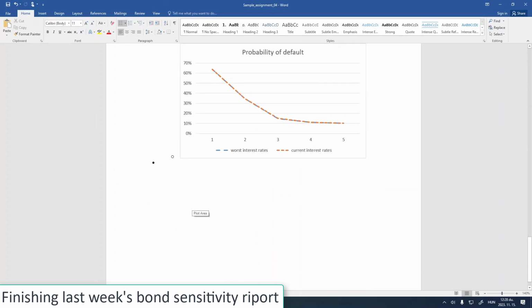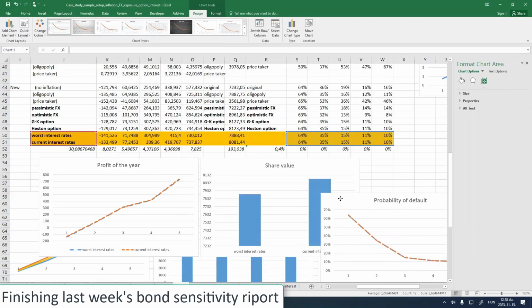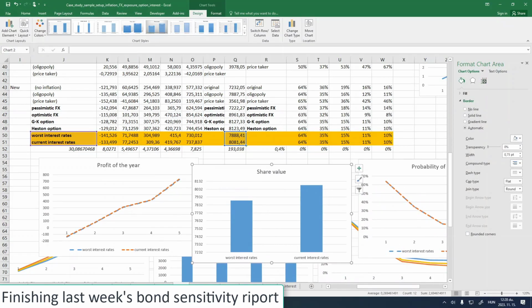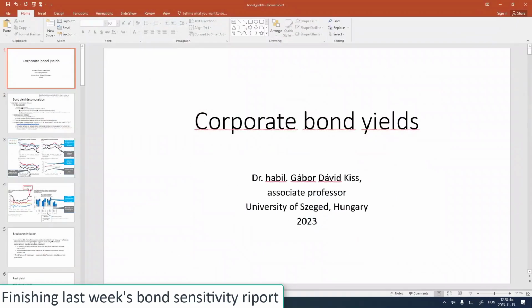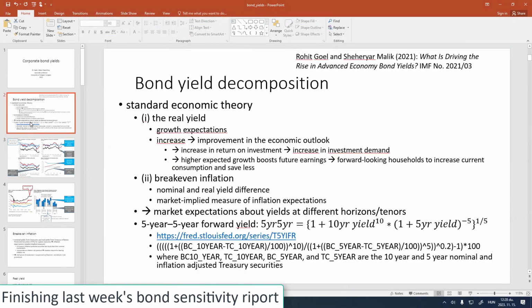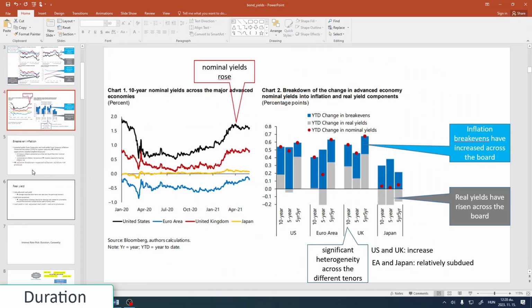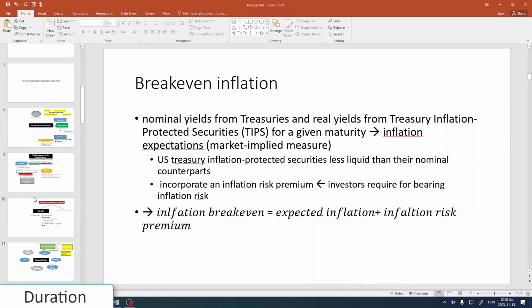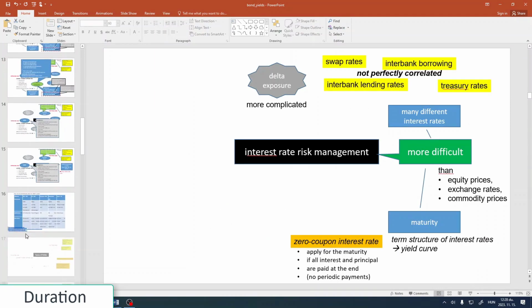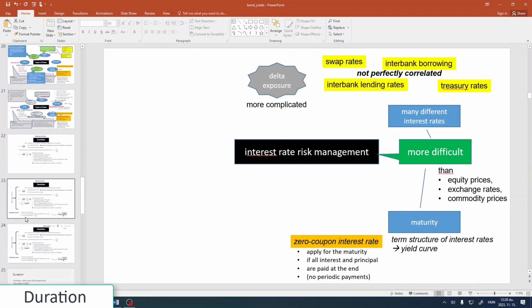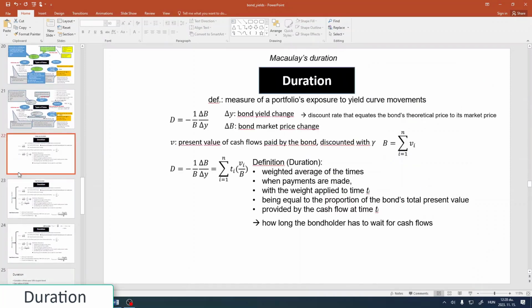Okay, so now we are able to catch up a bit on everything we did last time. Yesterday we were talking about fancy stuff, so how we can make a decomposition for bond yields, but after that, the duration was much more interesting, because we still were not defining completely well how our bond behaves.